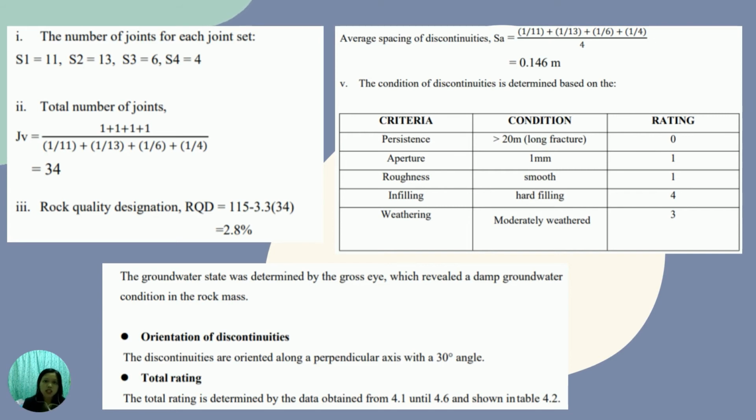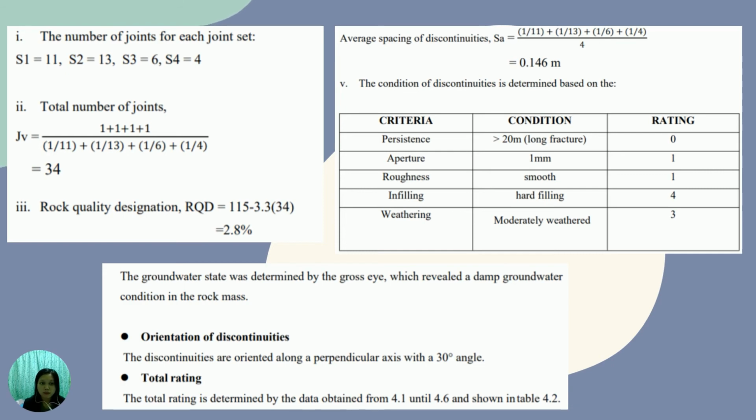So the average spacing of the discontinuity that we calculate, we found it is 0.146 meter, and then the condition of the discontinuities is determined based on this table, which has criteria, condition, and rating. So first, persistence is over 20 meters. I think it's 0.